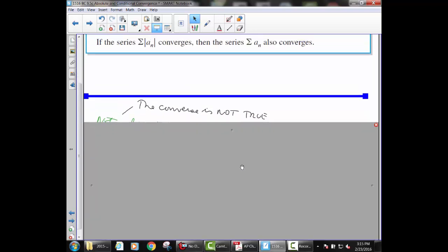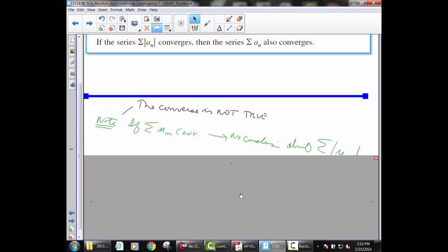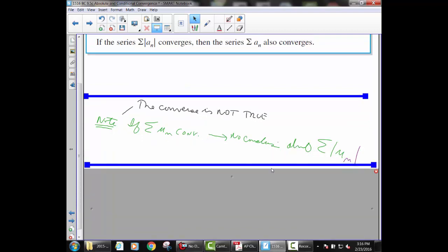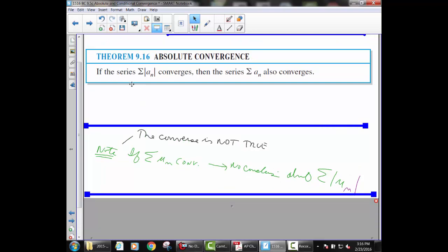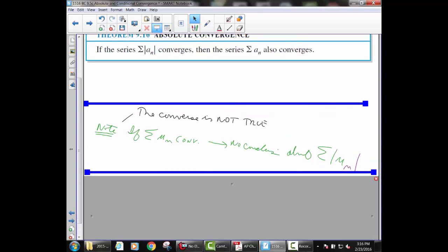However, the converse is not true, i.e., if the summation of UN is convergent, that does not necessarily mean the summation of the absolute value of UN is convergent. So it only works in this one direction. If the absolute value series converges, then the original series converges, not the other way around.